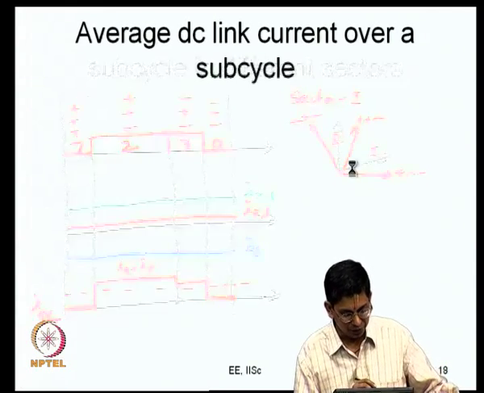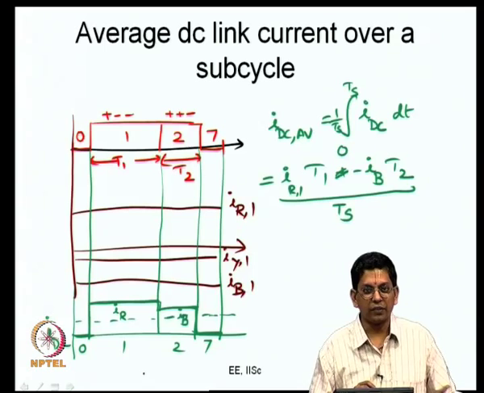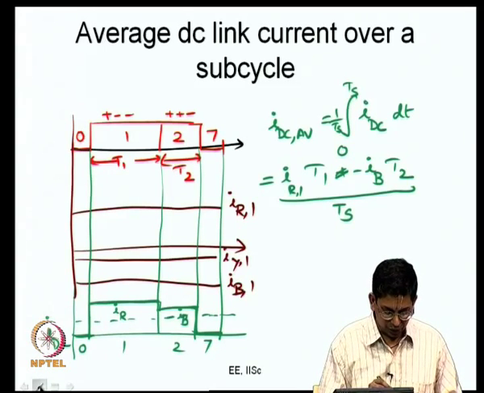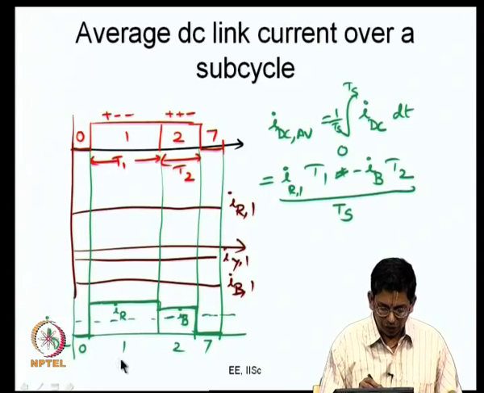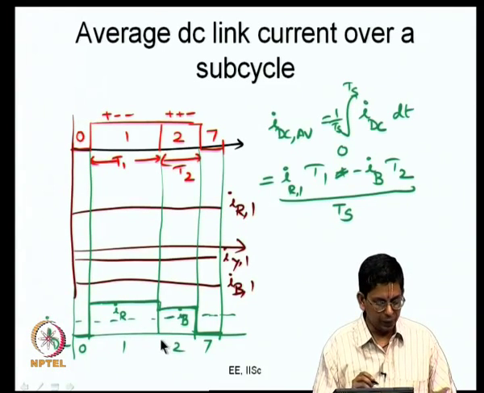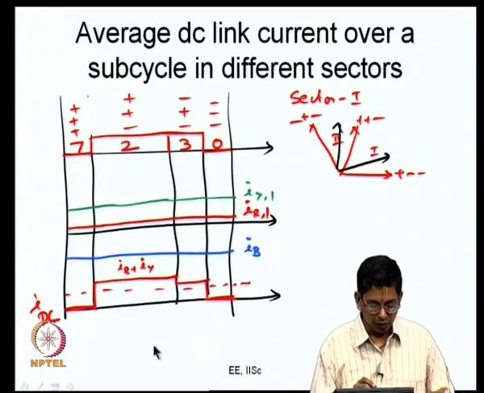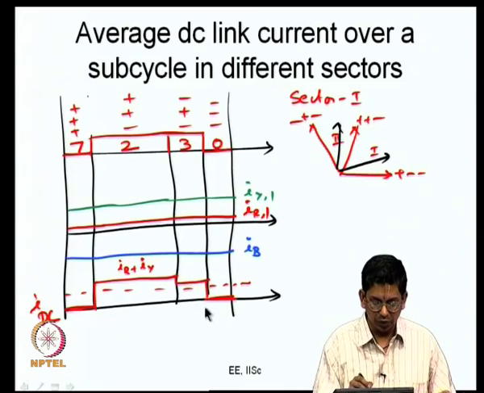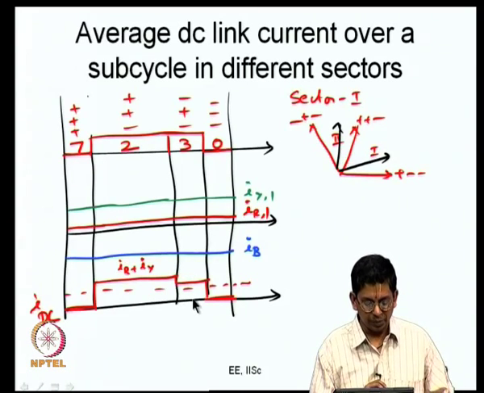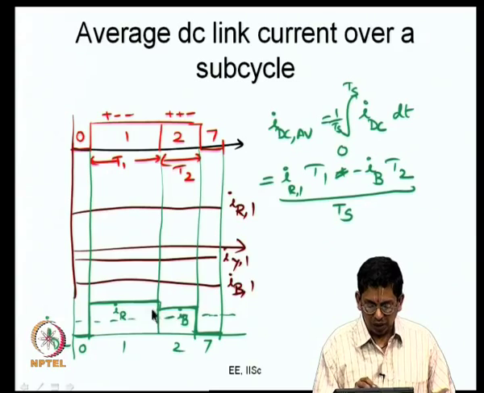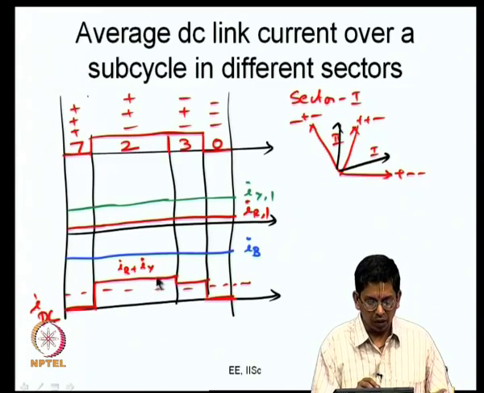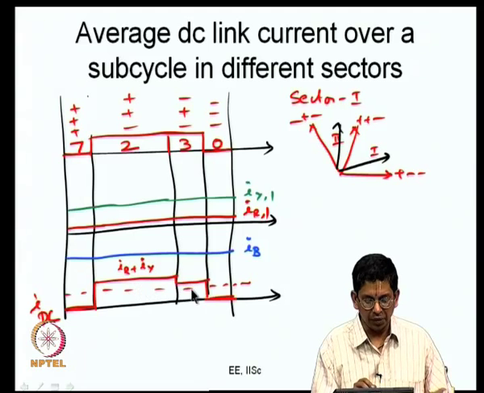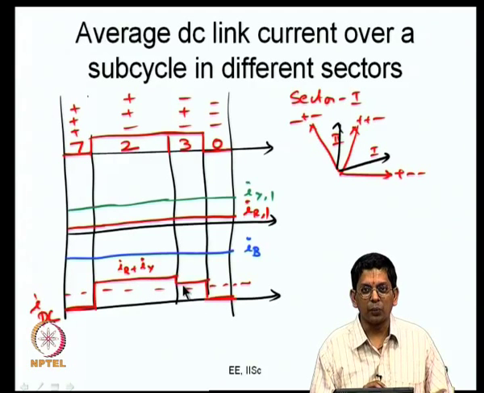Then what will happen is, you take these two cases, this duration, you will have a switching sequence like this. This duration T1 and T2 will be equal to these durations T2 and T3. And similarly, these currents IR and minus IB, they will be equal to IR plus IY, that is minus IB, and this IY.